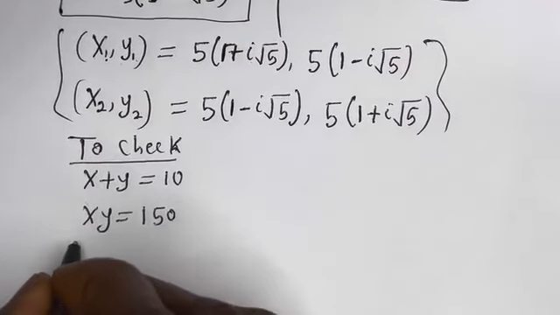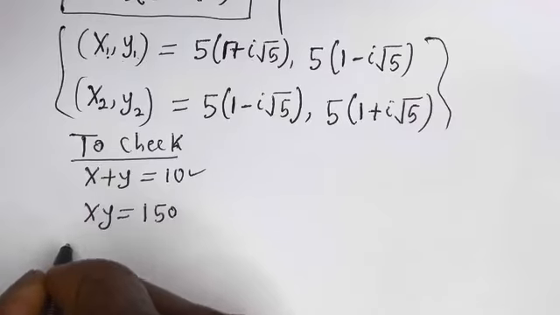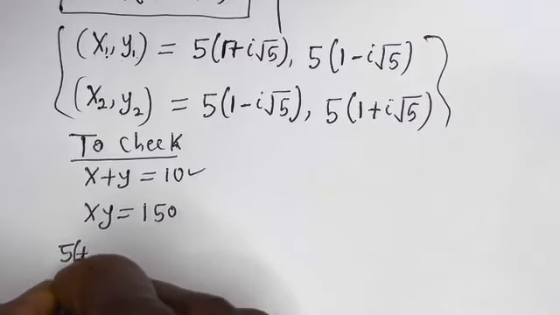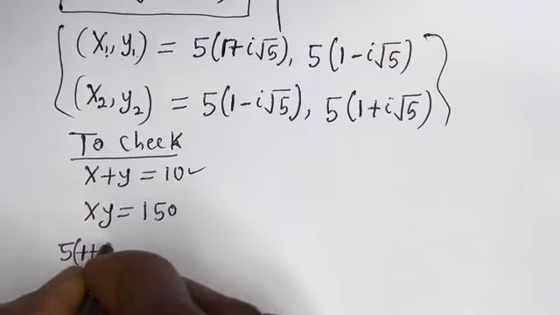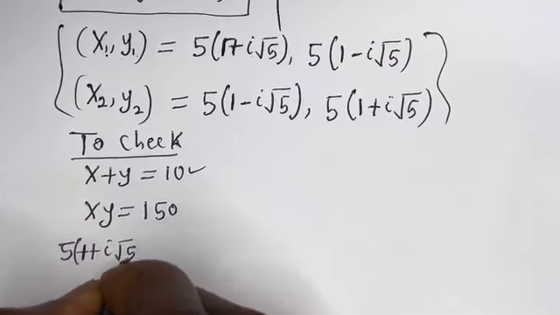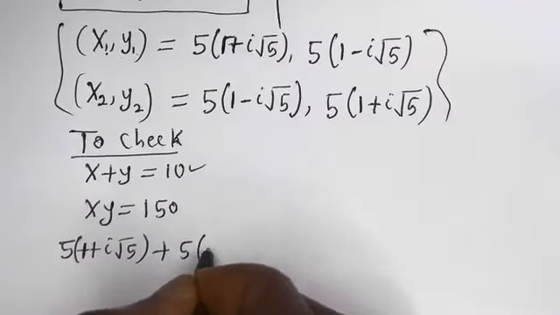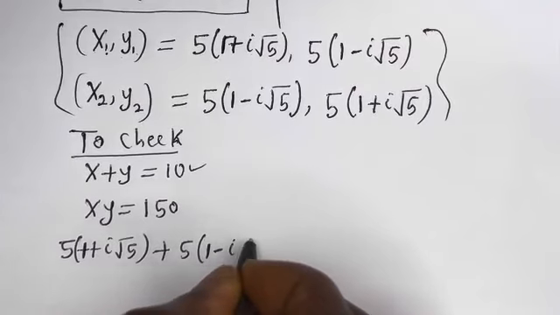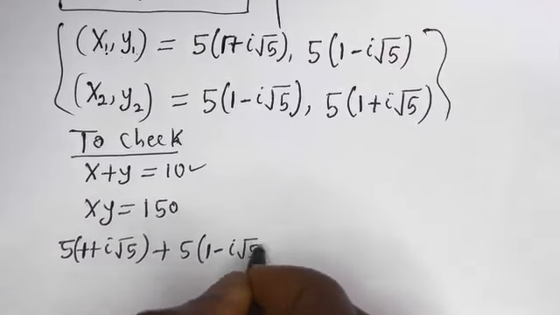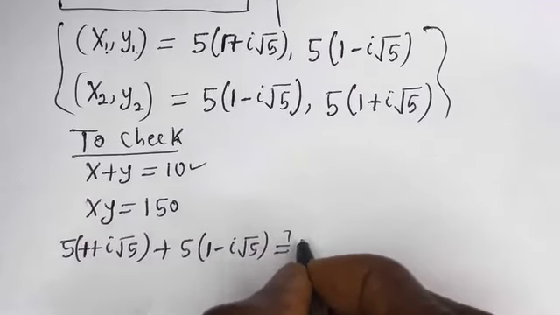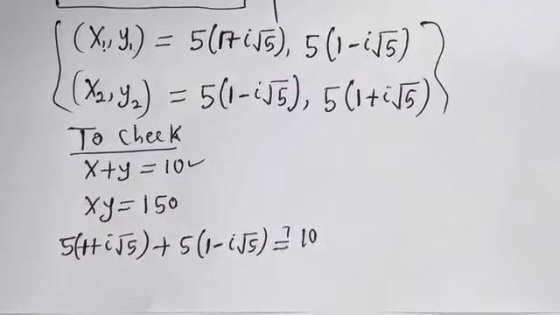Then let us consider this: 5(1 plus i root 5) plus 5(1 minus i root 5) must be equal to 10.